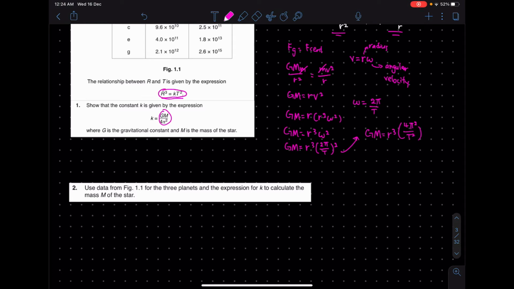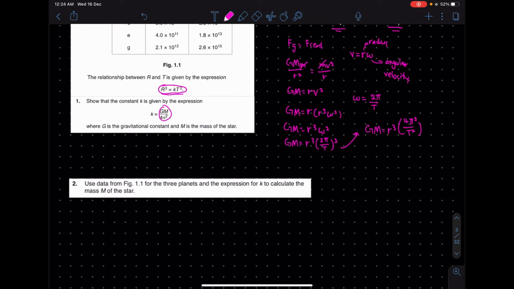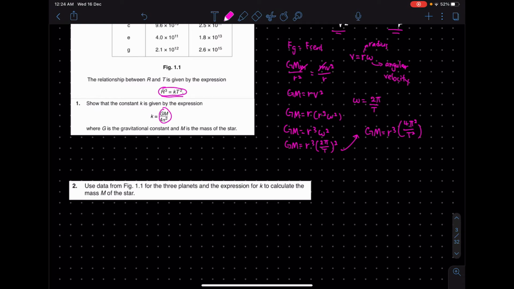Now you should notice that there's a similar pattern between this relationship and the constant that we want. We can actually make it happen now. So I'll try and make them look similar. I'll multiply by t squared, so we get r cubed 4 pi squared.